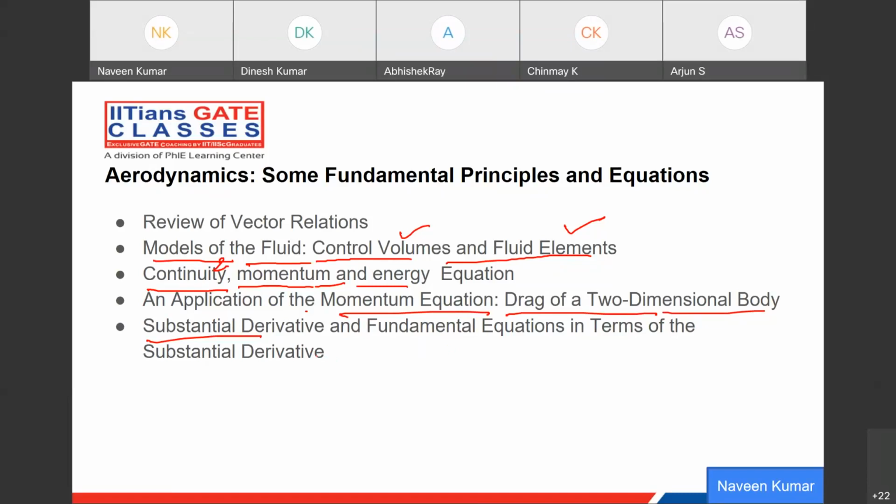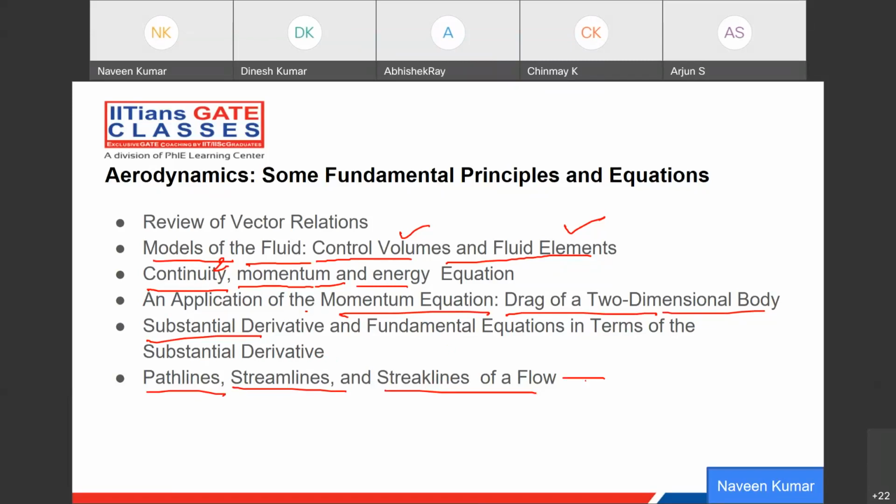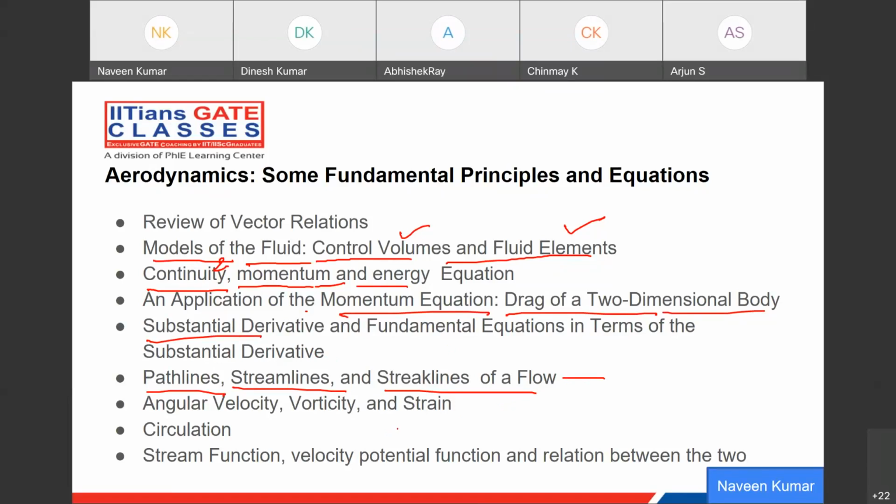Then pathline, streamline, streakline: you will all be familiar with these, but we will revise them all. And then angular velocity, vorticity, strain, circulation, stream function, velocity potential function, and the relations between the two. All these we will cover as fundamentals. This is the basic thing you have to understand before going into actual aerodynamics.